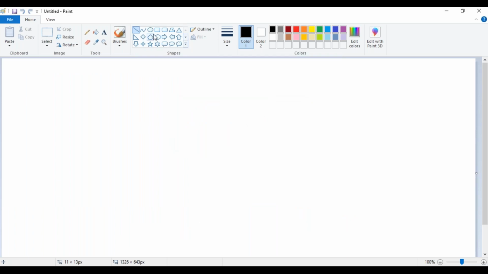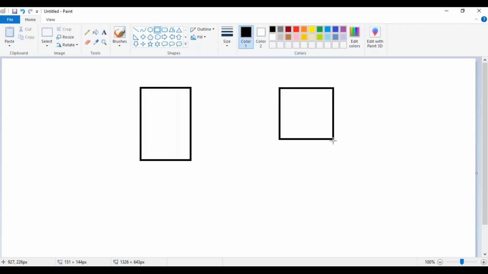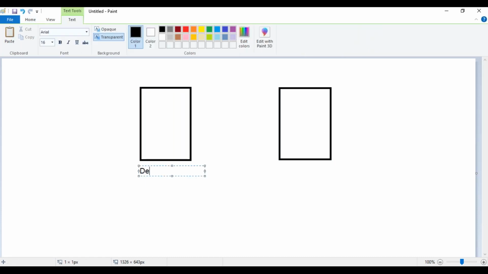Okay. Now, so I have two devices. So this is device 1. Okay. And this is device 2. Let me name the two devices. This is device 1, and this is device 2.